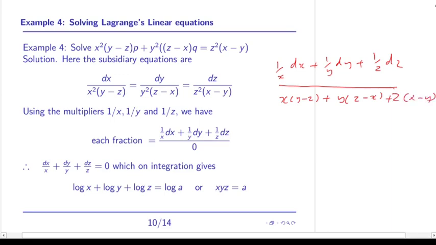So this thing in the denominator becomes 0. Since each of the fractions is equal, this is equal to this. Say it is equal to lambda.